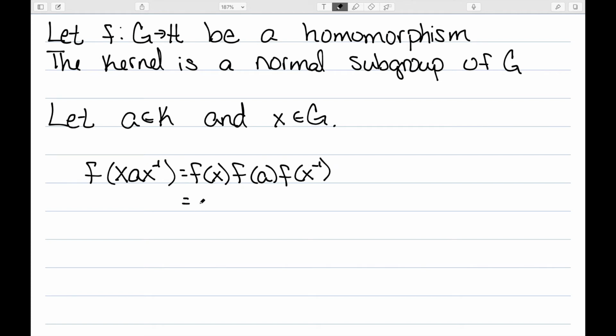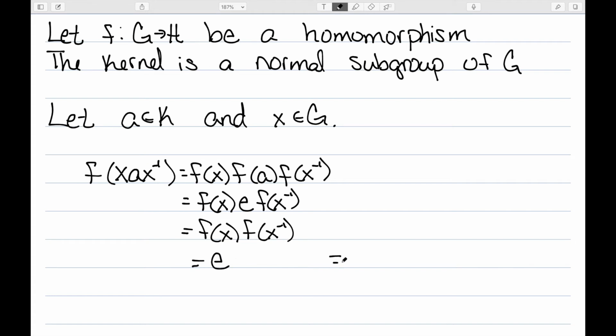I know that f of A is the identity by definition of the fact that A is in the kernel. So this is the same thing as f of X times f of X inverse, which we know is the identity. So this tells me that XA X inverse is also in the kernel, so it is closed under conjugates. So the kernel is in fact a normal subgroup.